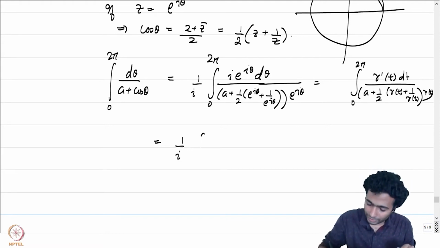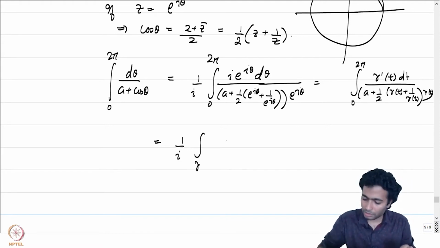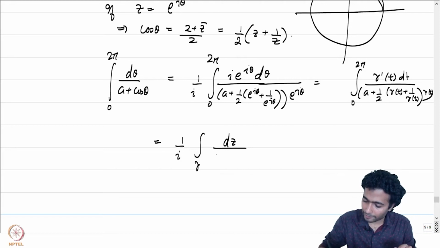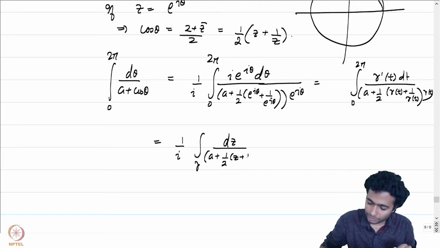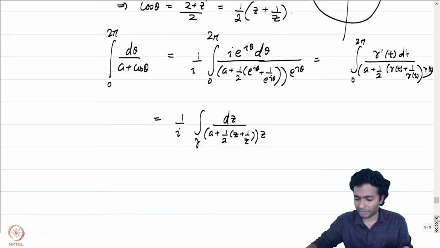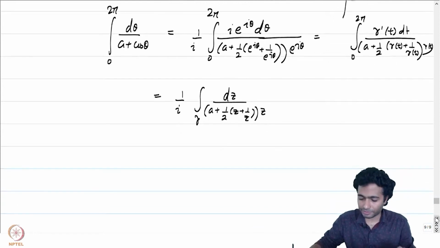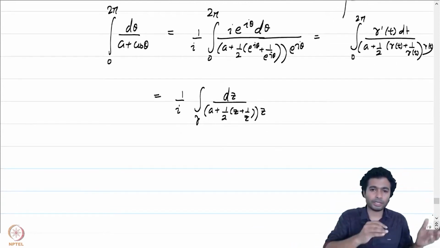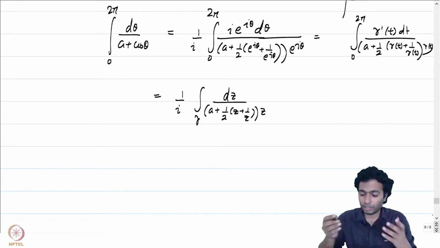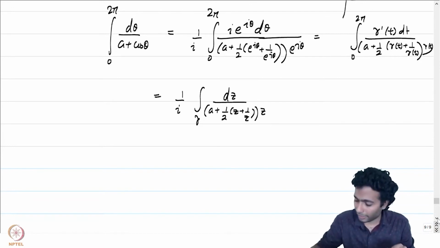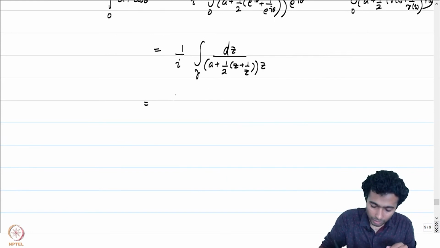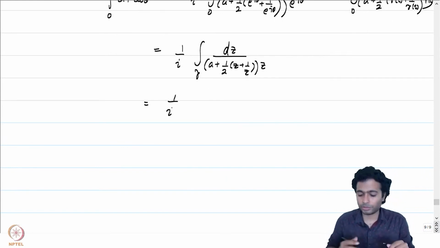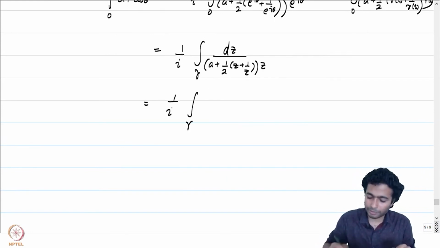And because of that, we can write this as the integral over gamma dz by a plus half of z plus 1 by z, times z. Till now, we have not done any major calculations. We have just done some minor changes of variable, changed the integral into an integral along a curve in the complex plane. Now, we have some really good tools with us to compute what happens to such integrals.